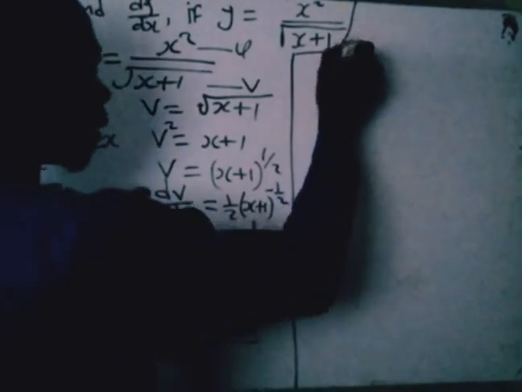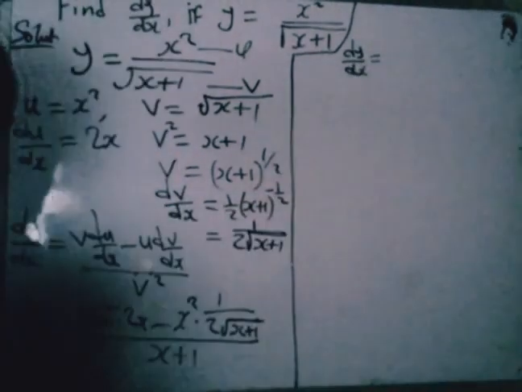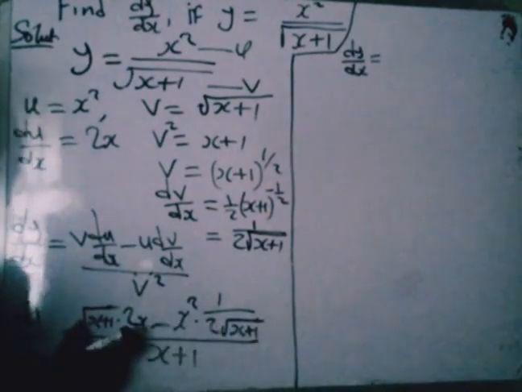So dy/dx will be equal to, here, we take this and multiply by this.